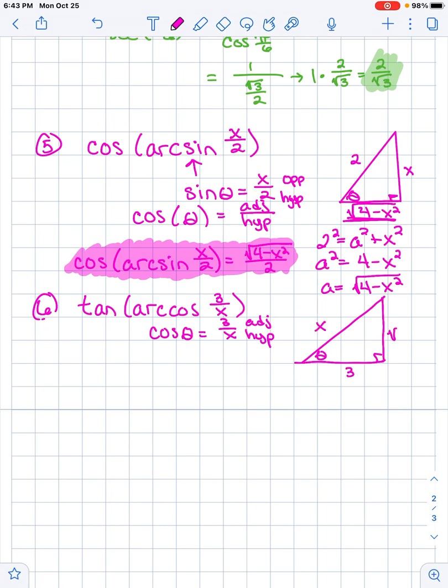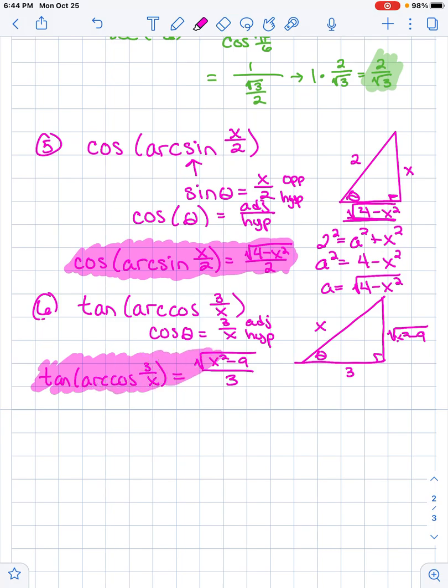Using the Pythagorean theorem, I know that this opposite side is the square root of x squared minus 9. So in order to find the tangent of that angle, where cosine is 3 over x, I'm going to use the opposite side and the adjacent side. The opposite side, the square root of x squared minus 9. The adjacent side is 3.